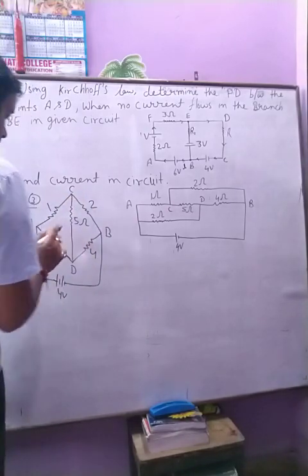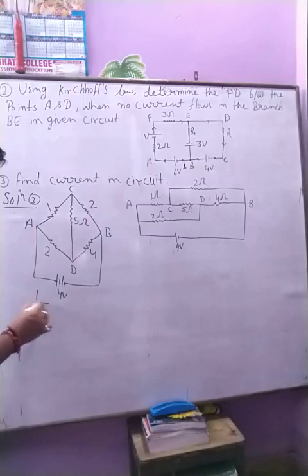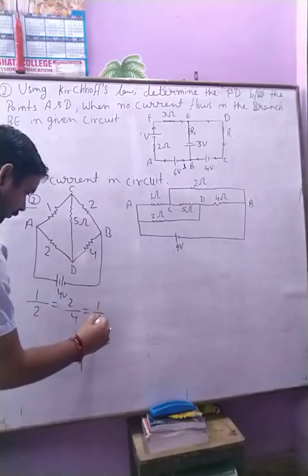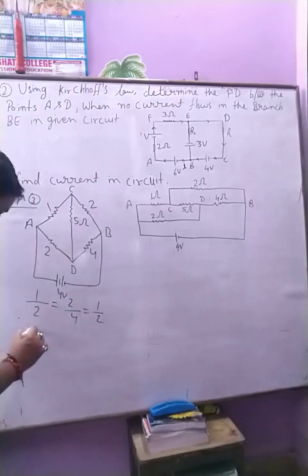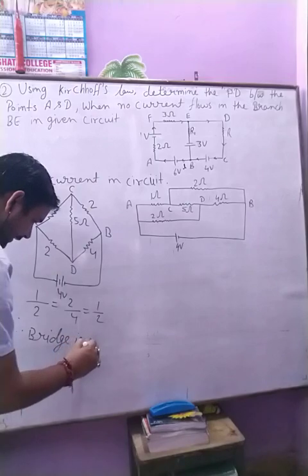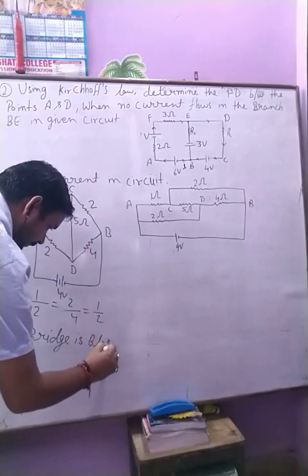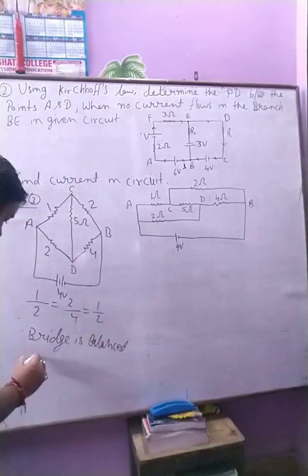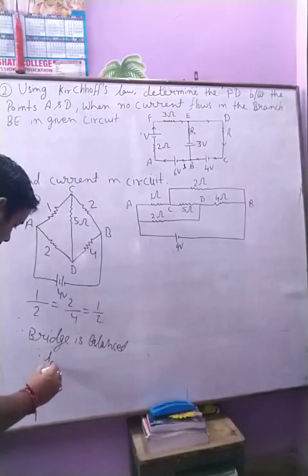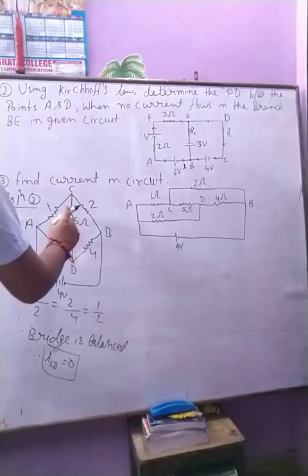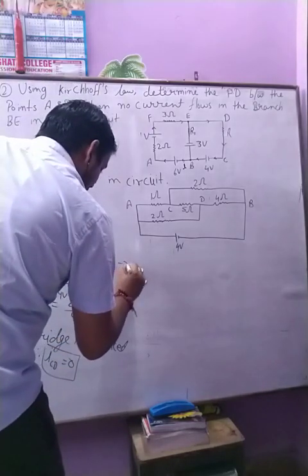Now 1 upon 2 is equal to 2 upon 4, which is 1 upon 2. Therefore bridge is balanced. Okay, so current in CD is 0. Therefore this will not take part in the circuit.